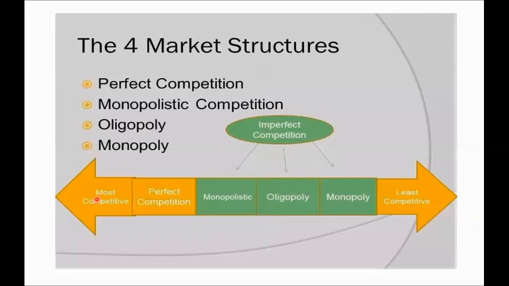In perfect competition, most products and also the sellers are most competitive. Monopoly is the least competitive. Monopolistic competition and oligopoly are on the middle part, so they can be quite competitive.